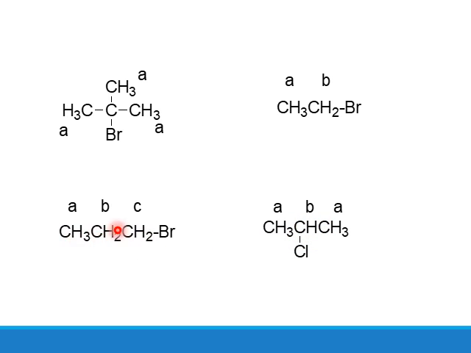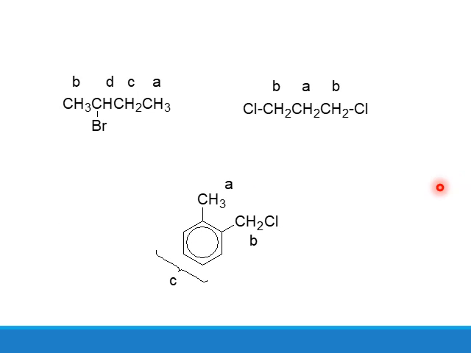And here we have three different types of hydrogen based on the distance to the boron atom. Here we have four different types. You can just compare their position to the boron atom. Here we have three different, and here two different. And here we have three different types of hydrogen based on their position to the boron atom.